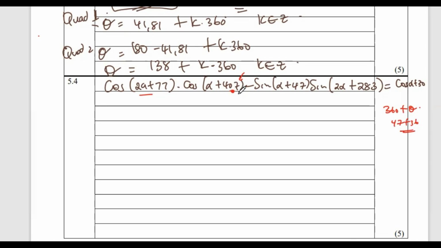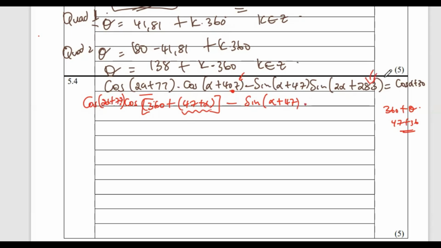If I'm to reduce this, it's now going to be the cos of 360 plus 47 plus alpha. I'll keep my 2 alpha plus the 77. When I reduce that, I'm only going to be left with just the cos of this. Then I'm going to keep the alpha and the 47 there.